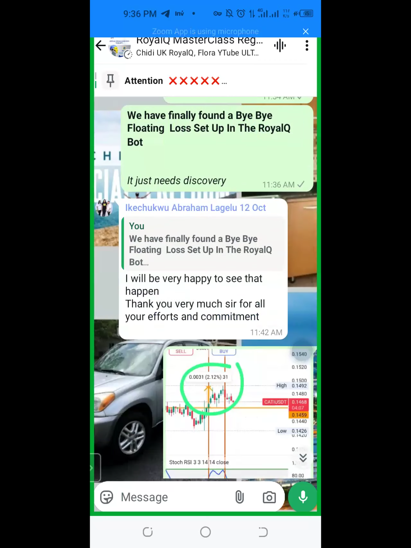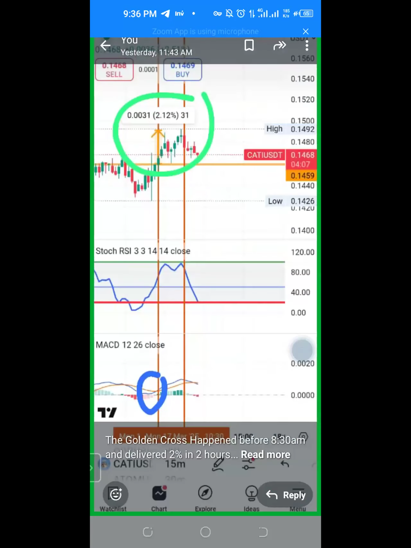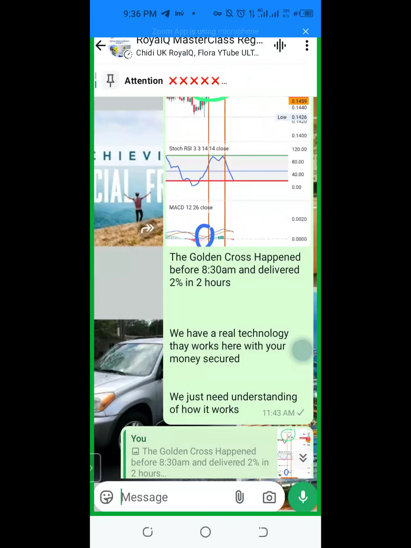I put everything here with my data clear. Are you seeing it? Anything that I do practically, I bring a report so that you will see it clearly. And I said here that the golden cross happened before 8:30 a.m. and delivered 2% in 2 hours.